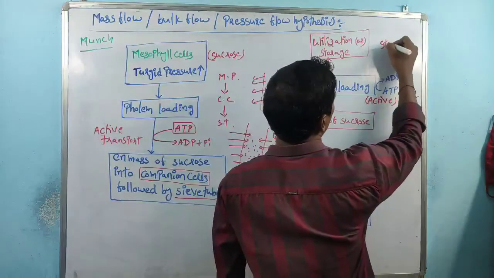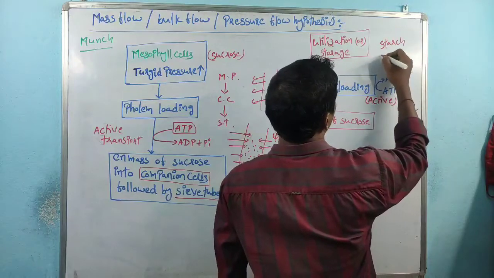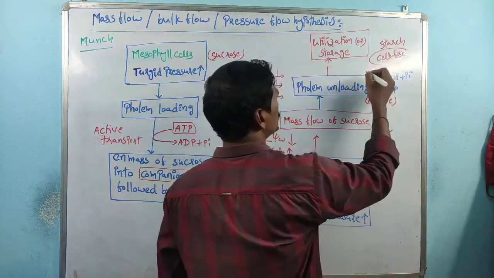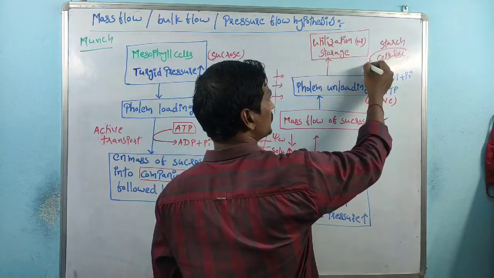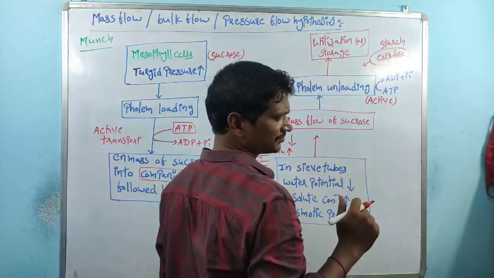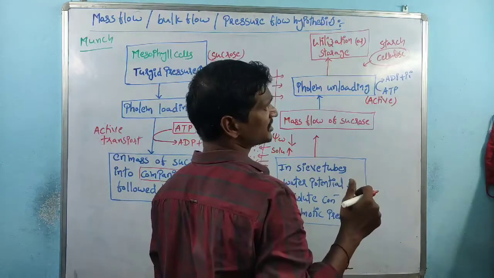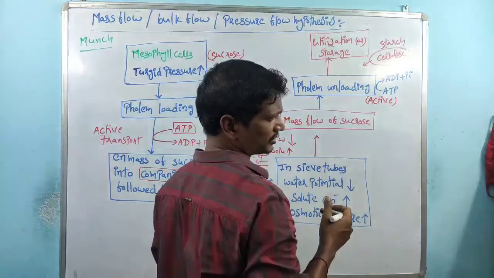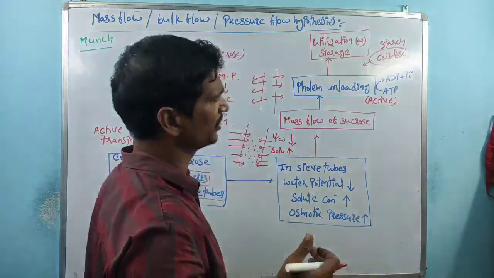Generally these are stored in the form of starch, or maybe converted into cellulose. If the carbohydrates are converted into cellulose, they are involved in the construction of the cells. If converted into starch, that is the storage process. Starch is the storage form of carbohydrates.